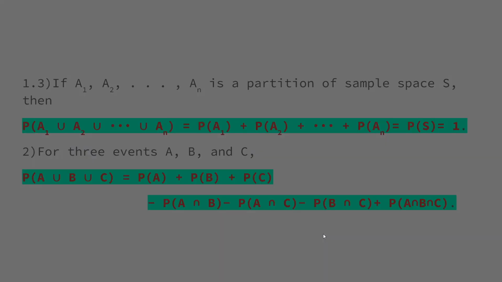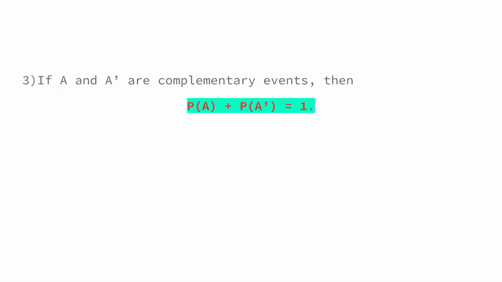Okay, let's go to the next thing. If A and A dash are complementary events, then probability of A plus probability of A complement will be equal to 1. How are you going to prove this, by the way?